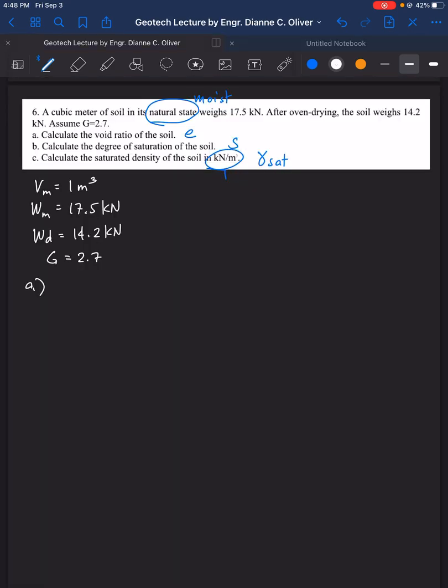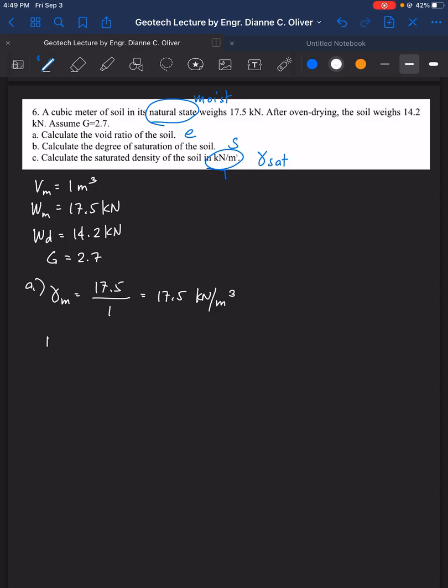Okay, so given the G, let's find gamma moist. Gamma moist is equal to 17.5 divided by 1. So gamma moist is equal to 17.5 kilonewton per cubic meter. Okay.